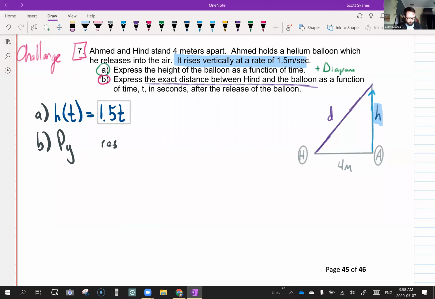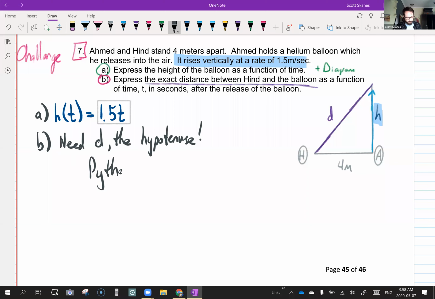I'm just going to erase this for a second. You need D, which is the hypotenuse. Not every student will remember that, so I just want to do that. So I'm going to use Pythagoras. Now, Pythagoras, I certainly hope you know what that is.